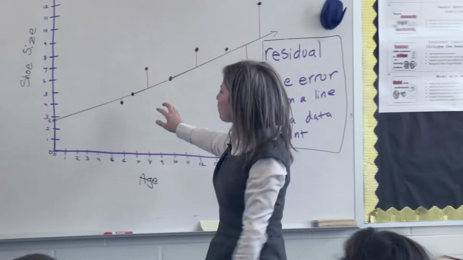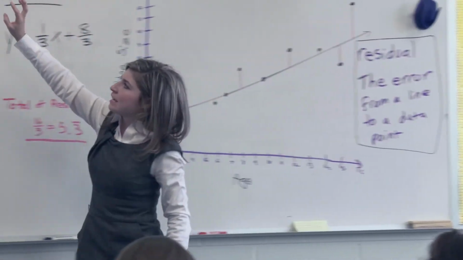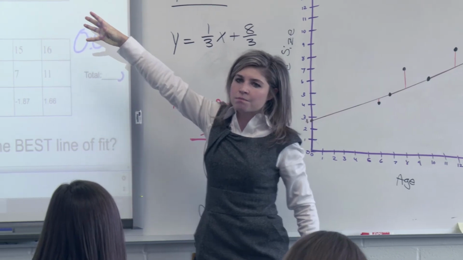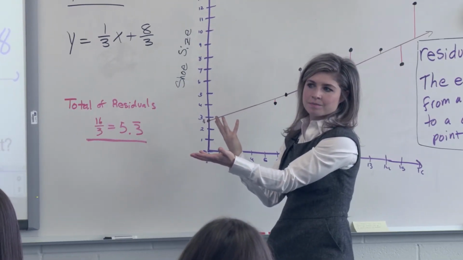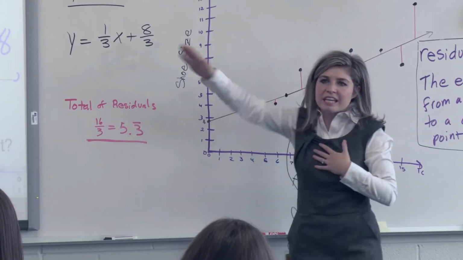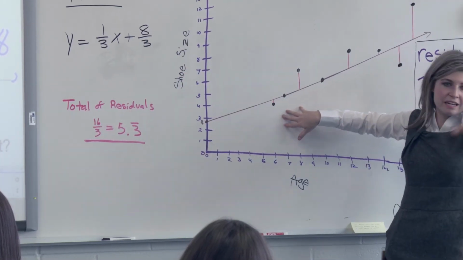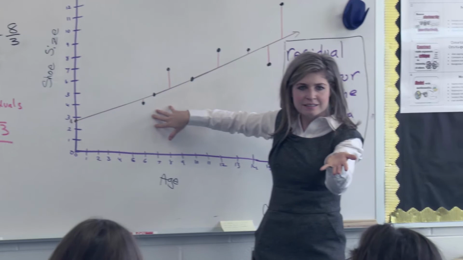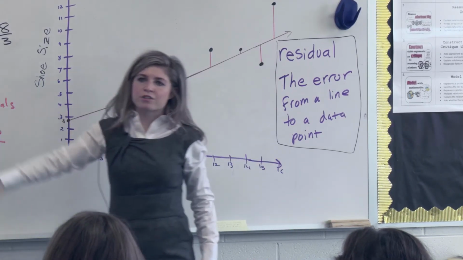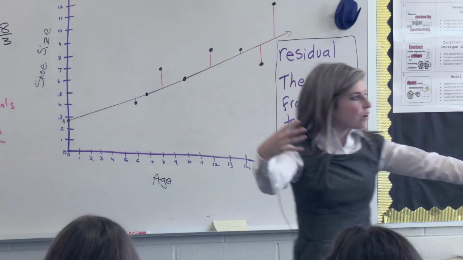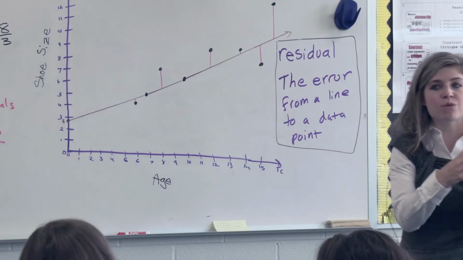So according to what we did yesterday and the equation that the calculator spit out, who had the better model, the calculator or the one we created? The calculator. Why? Because it had a smaller sum of residuals. In an ideal world, it would actually equal 0.